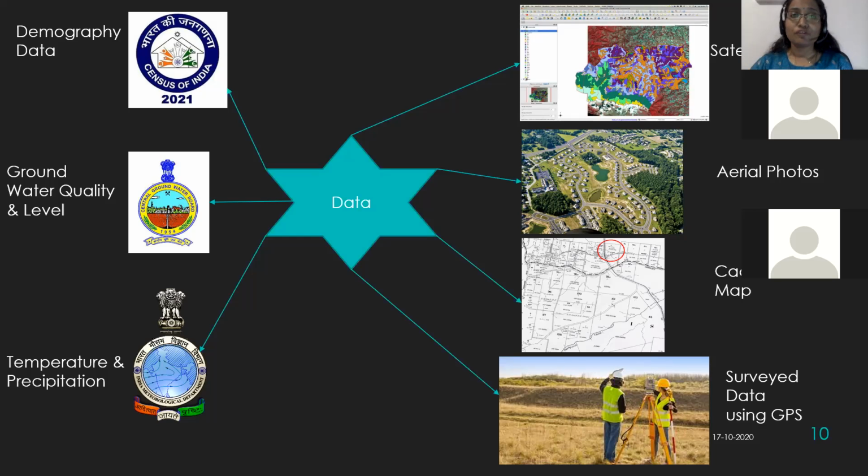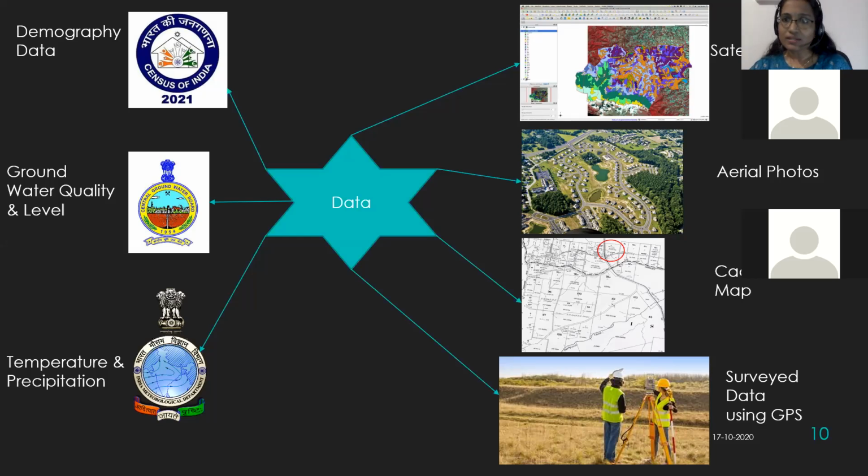If you are working on population density, or calculating the highest population of a particular city, district, state, or country, you can get it from the Census Department. From the Census Department website you can get the data as per your requirement: city, state, country, etc.